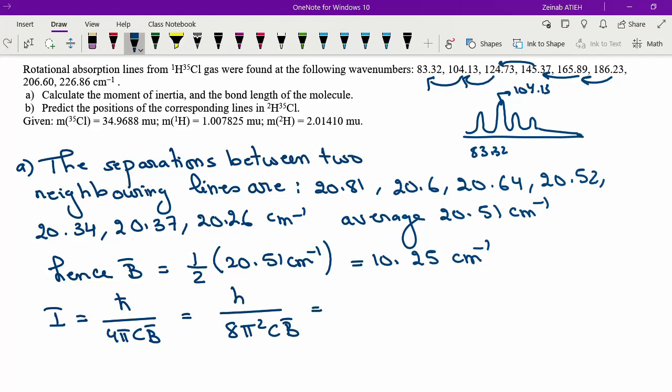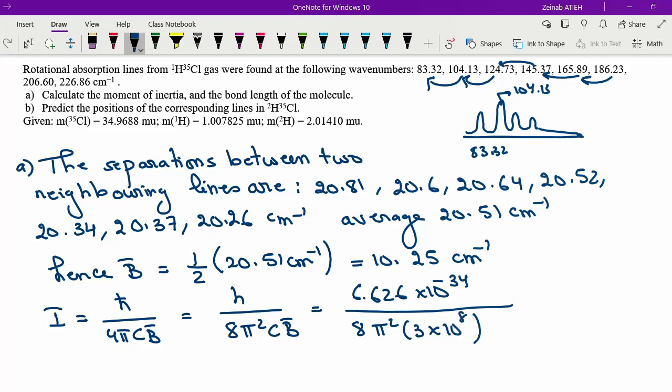We have everything. H is equal to 6.626 times 10 to the power minus 34 joule second. I'm going to substitute everything in SI units. So over 8 pi squared, C is equal to 3 times 10 to the power 8, and B bar is 10.25.